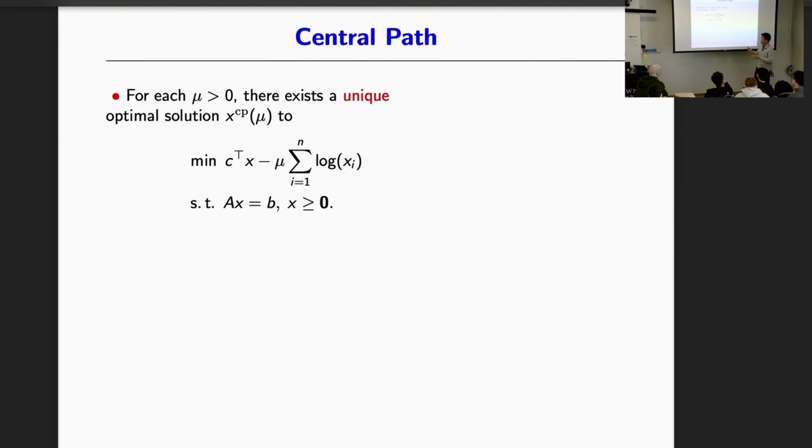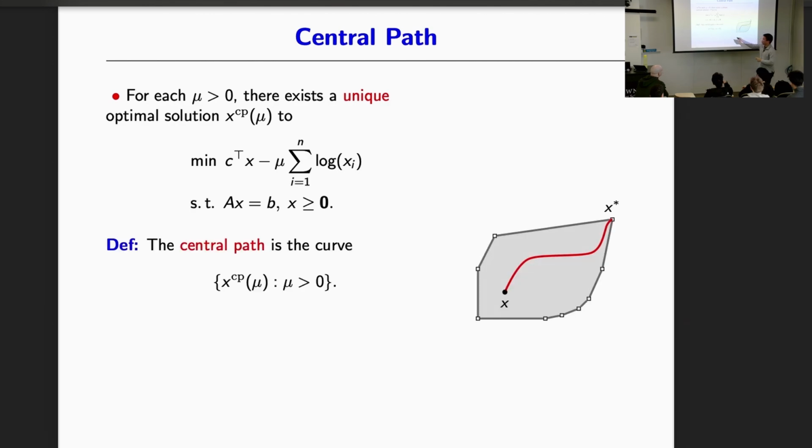So for every parameter value mu, we get an optimal solution x_cp of mu to this augmented problem. If we collect all these optimal solutions for every value of mu, this traces out a curve in your feasible region called the central path.